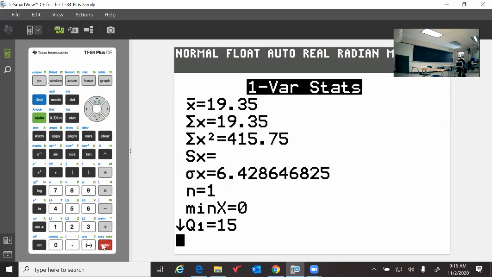And we get all this data, ready? Now, you see this down arrow? This is telling you there's a second page to the data. So there's the mean, which you already got.